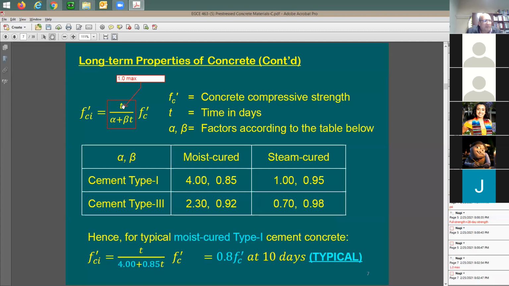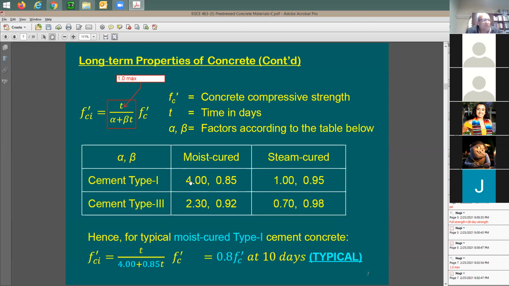And usually this T, we're going to be using up to 28 days, unless you'd like to see how much strength gain there is after 28 days. But I'm not interested in this. I'm interested only between 0 days and 28 days, because I'd like you to figure out what's the appropriate time to apply the pre-stress.